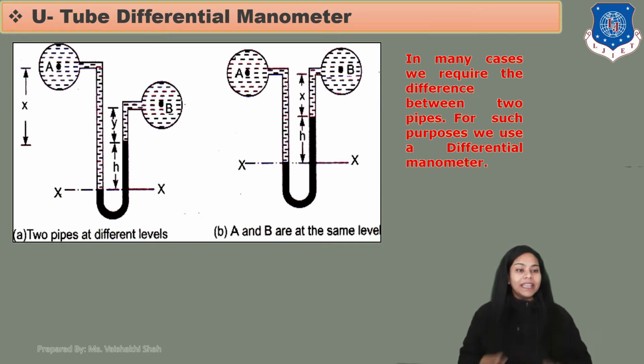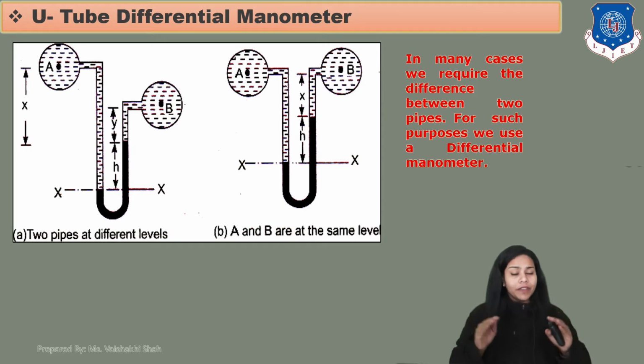Now, where is the U-tube differential manometer used? In many cases we require the pressure difference between two pipes, either at different levels or at the same level.